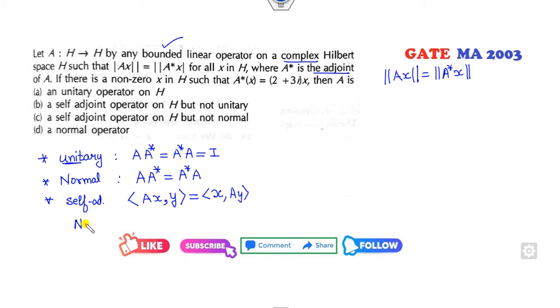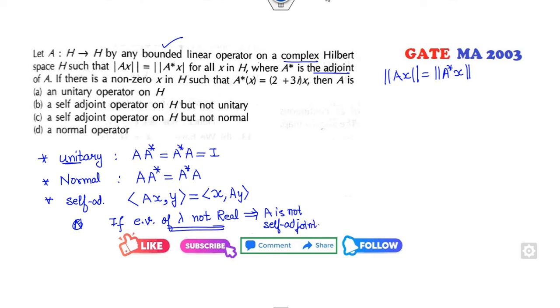Make sure that if the eigenvalue lambda is not real, then it means A is not self-adjoint. Remember, this is only a necessary condition, but you can prove it using counterexamples.